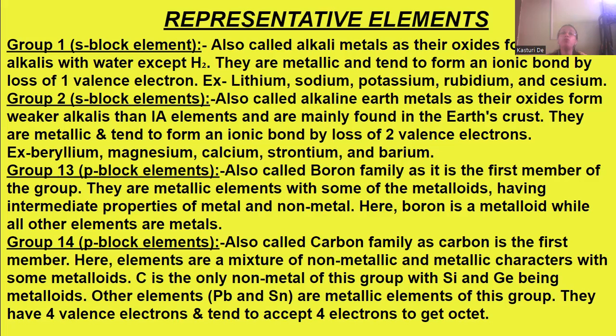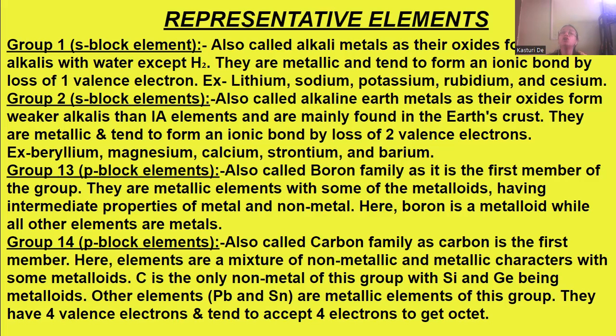Clear? Next, we move on to group 13 or P block elements. These are also called the boron family, as boron is the first member of the group. That's why group 13A elements are known as the boron family.